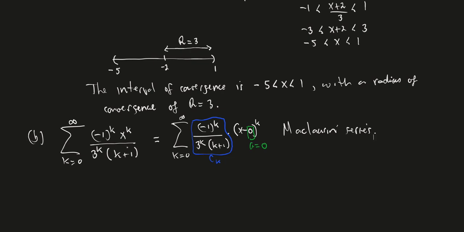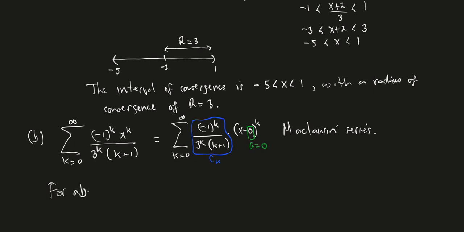Well, what we can do is apply something like our root test, for instance, or our ratio test, and go for and test for absolute convergence. Now remember, for absolute convergence, we have to look at the series of absolute value terms, right? So the series of absolute values, and then we're going to see if we can apply any of our previous tests. So this is what we're going to go for.